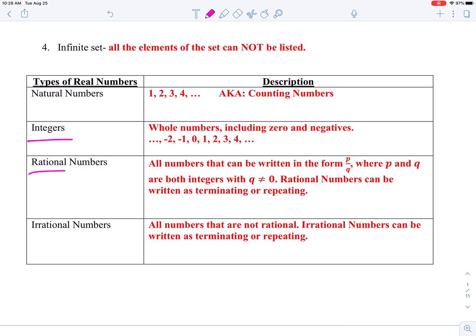Alright, rational numbers. So think of that word, rational. Look what word is inside the word rational. The word ratio. A ratio is a fraction, right?